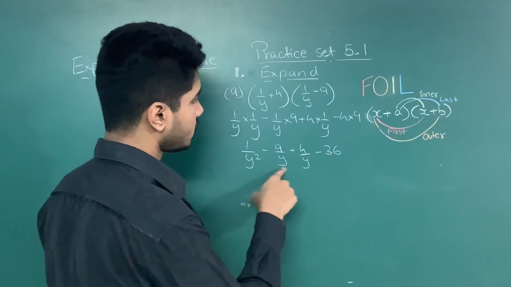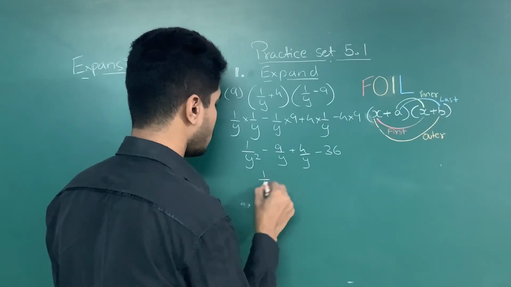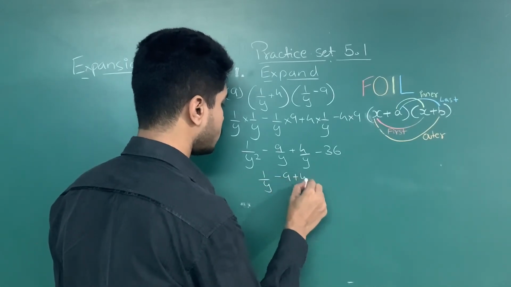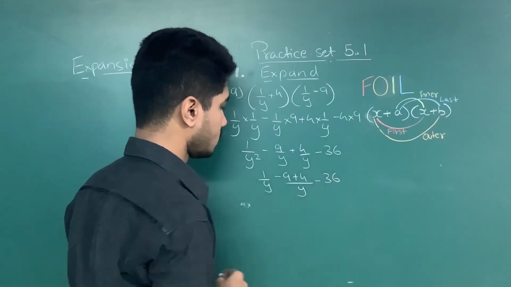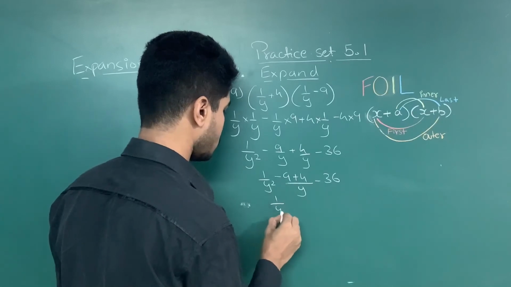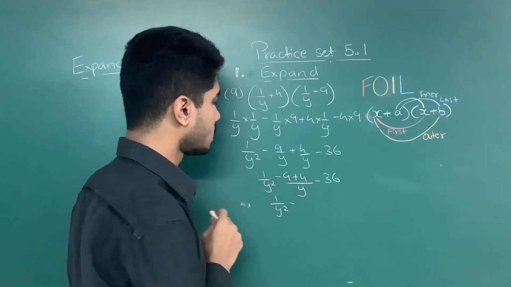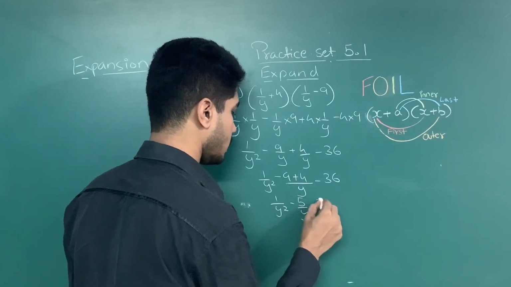Now if you see the denominator is the same variable, so you can write this as minus 9 plus 4 upon y minus 36. So minus 9 plus 4 will give me minus 5 upon y, minus 36.